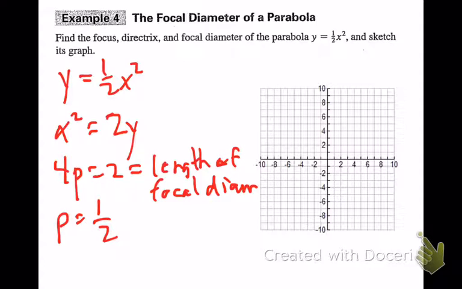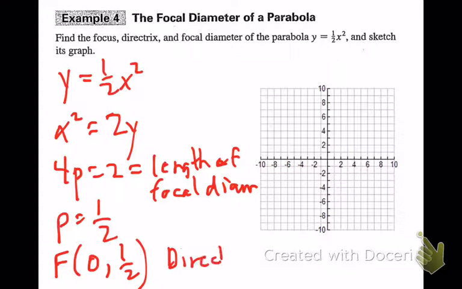Right, so if p equals 1/2, then we know the focus is going to be the point 0, 1/2. And the directrix is y equals -1/2. And we can graph it.